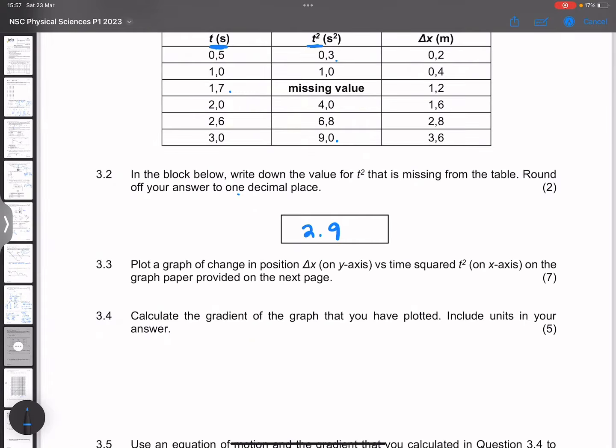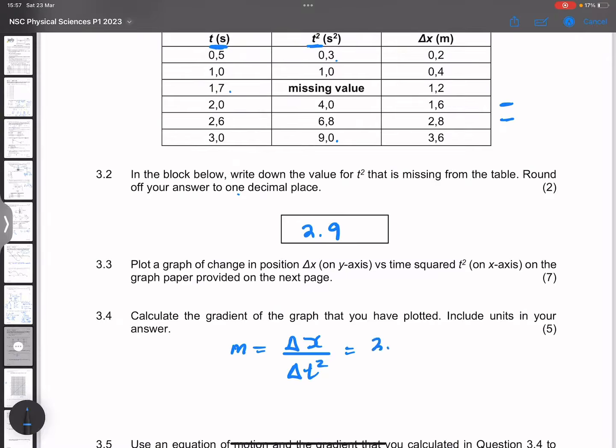Right, so I'm going to say my gradient, M, is going to be change in Y divided by change in X. But remember, change in Y is delta X, over change in time squared. So that's change in X divided by change in time squared. So I said I would take these two values.